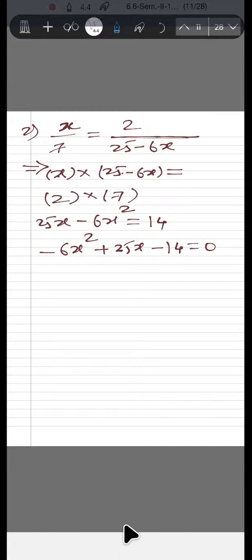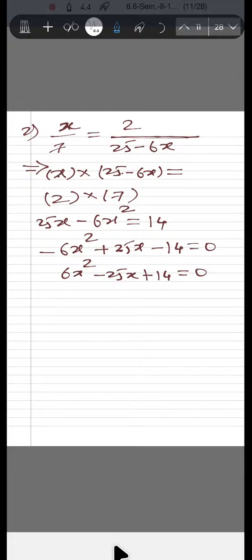Simply I can write the same term with 6x square, there will be some changes inside. Okay, so minus 14 is equal to 0. Now it's a quadratic equation. Okay, and if a quadratic equation is there, it means we can use the factorization method here.